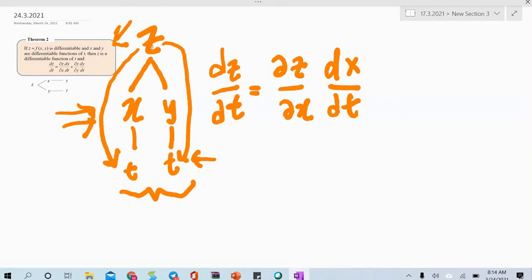This z depends on x and y. So when you are here, you have z depending on x and y. So that's why you use del to show that this z depends on x, y. But when you reach here, it's only t. That's why dx/dt, x depends on t.